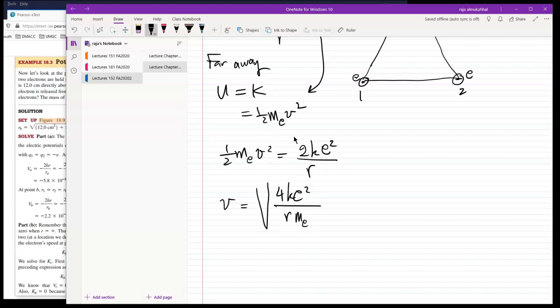And then we just plug in our numbers there. You see what I'm saying? We plug in the numbers, and then we would get the velocity of the electron at far away. Got it? Okay.